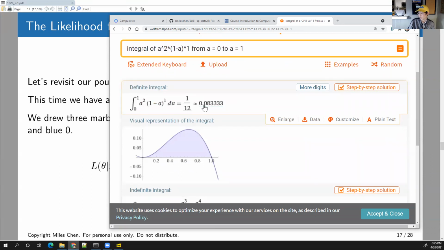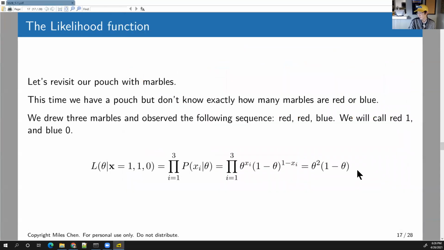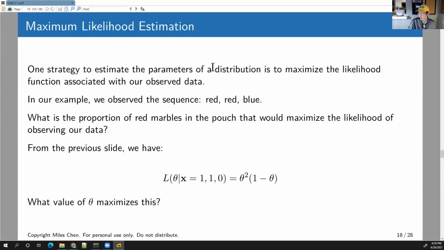It evaluates to 2.08333. That seems like a slightly odd number, but it doesn't evaluate to 1 because certainly there are other possible outcomes other than getting this sequence 110. We can get 101 and things like that.